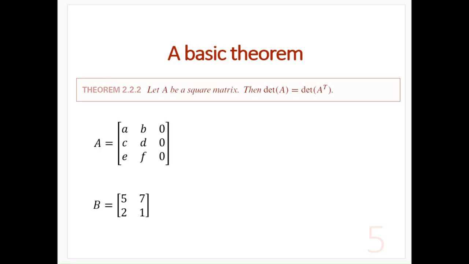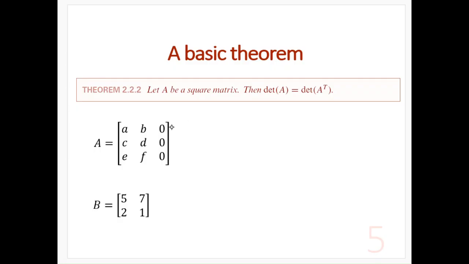So our next theorem is 2.2.2, and it says that let A be a square matrix, then the determinant of A equals the determinant of the transpose of A. So here, if we look, we see that A has a determinant of 0, which we can quickly see by inspection.